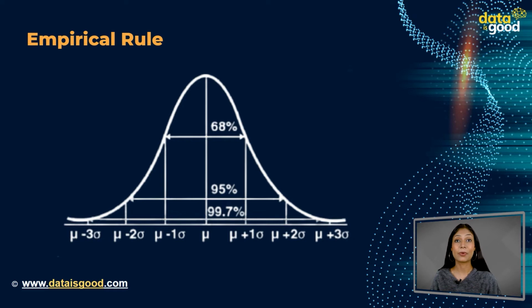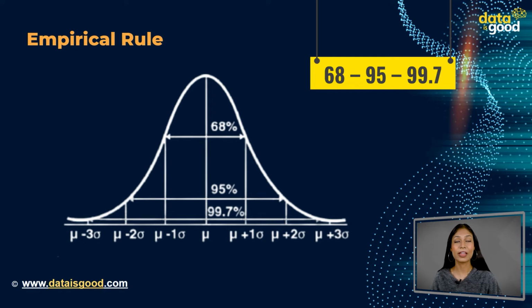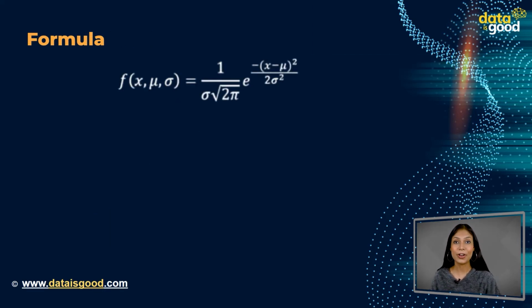Approximately 99.7% of the data falls within three standard deviations of the mean, that is, between mean minus three standard deviations and mean plus three standard deviations. You can see the empirical rule on the screen. Thus, the empirical rule is also called the 68-95-99.7 rule.